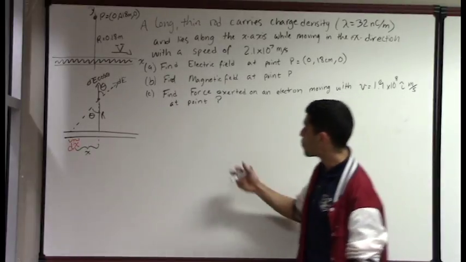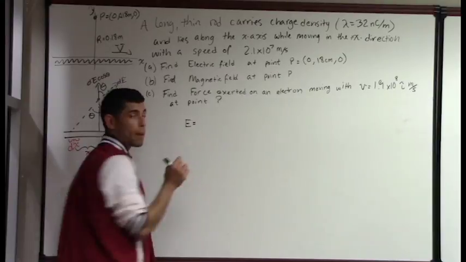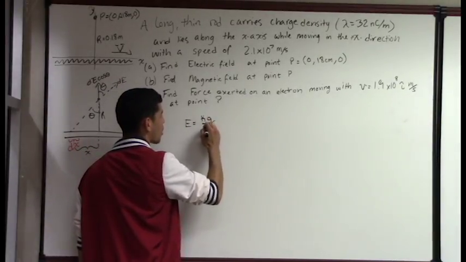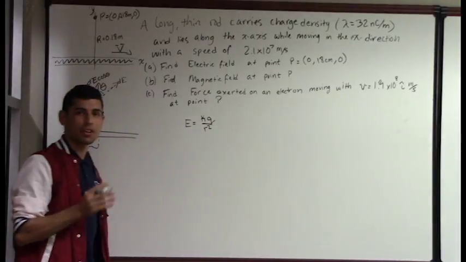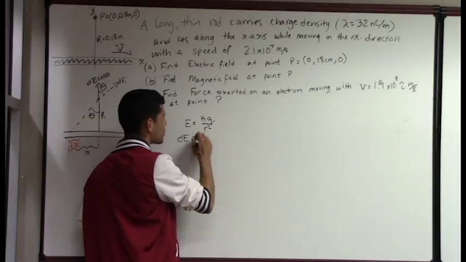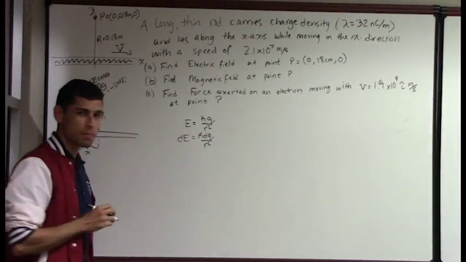We know that our equation for the electric field provided by a point charge is kq over r squared. We can then generalize that for an infinitesimal charge as dE equals k dq over r squared.